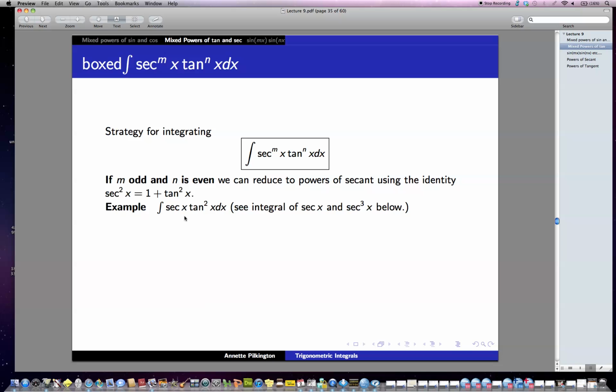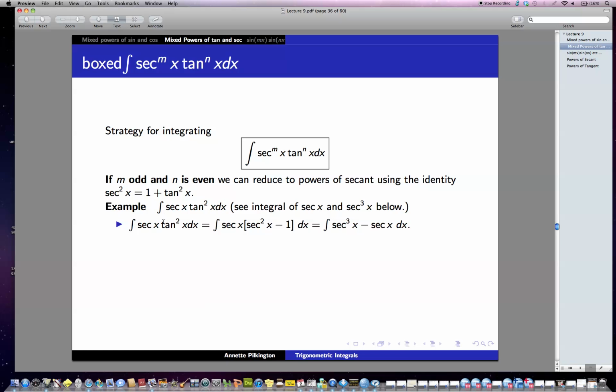So for example, here we have the integral of secant times tangent squared x dx. I can't make the substitution u equals secant, because you can check that out, see what happens. Because I have an even power of tangent here, it doesn't work. And I can't make the substitution u equals tangent because I don't have a secant squared for the derivative.